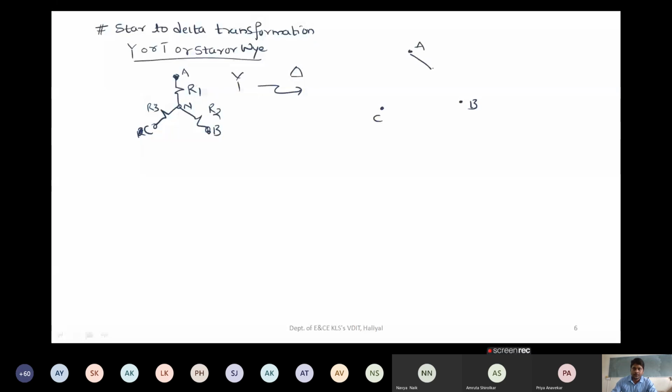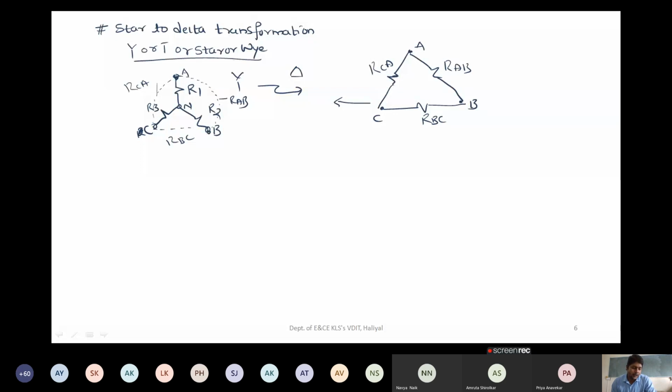If you draw the resistance values here, I may assume them as RAB, then RBC, then RCA. If you superimpose, meaning you place this on the Y network, we get RAB here, RBC here, and RCA here.